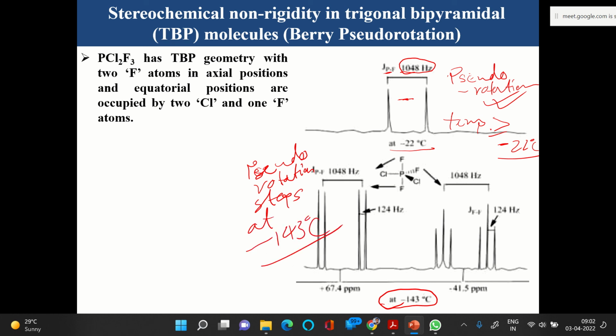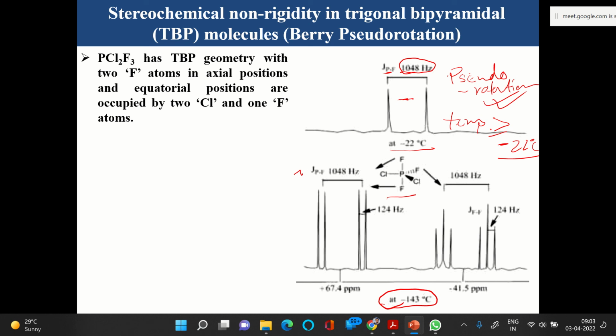So you have two different things that you can imagine now. Pseudo rotation has stopped here, and so the equatorial one will give one signal, and the axial one will give a different signal because of the difference in Larmor frequencies.